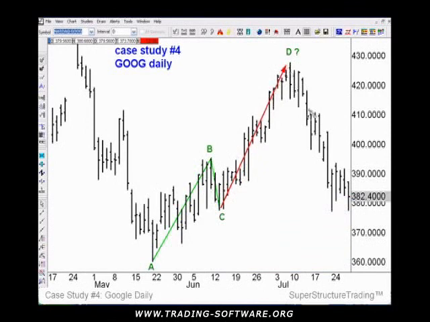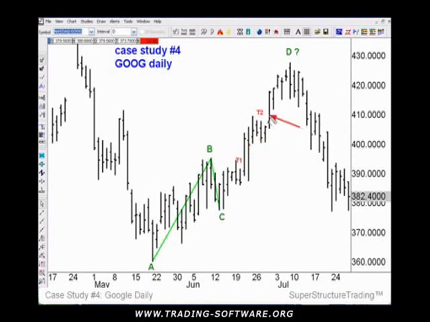As it trades up from C, we see that time ranges also get created, where we see that this T2 is wider than T1. So far so good. And this retracement here is shallow against this.